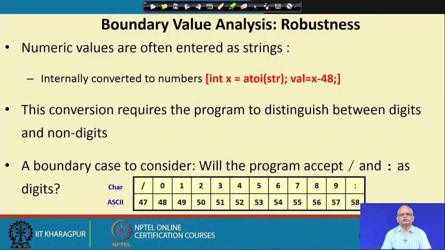Now, let us look at the robust testing. In robust testing, we need to include a value which is invalid. Let us say we have a function called ASCII to integer and it takes a character, and it gives us an integer value for that. And if we look at the ASCII table, 0 to 9 are the characters that are valid for integers, and they have values 48 to 57.